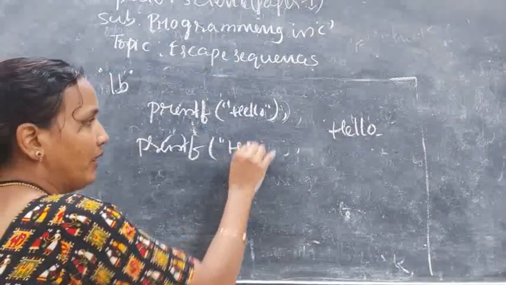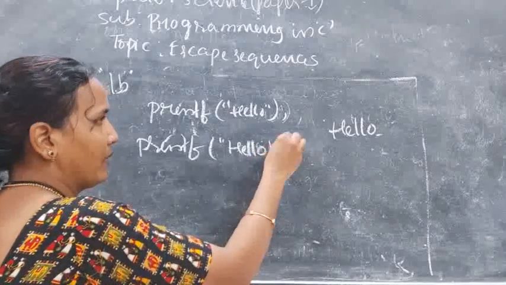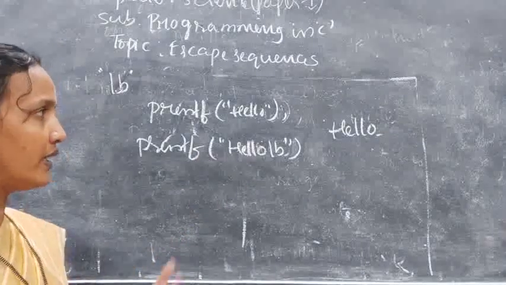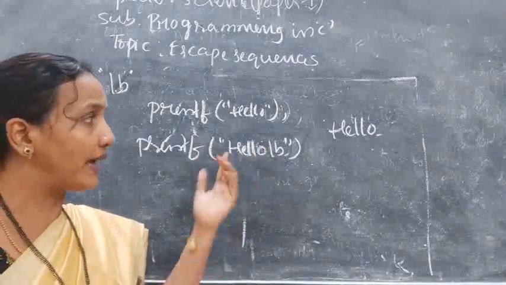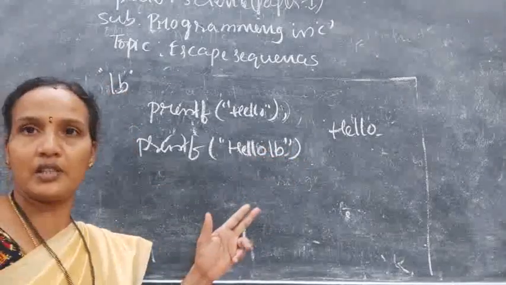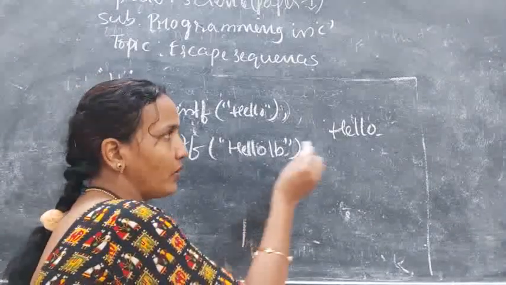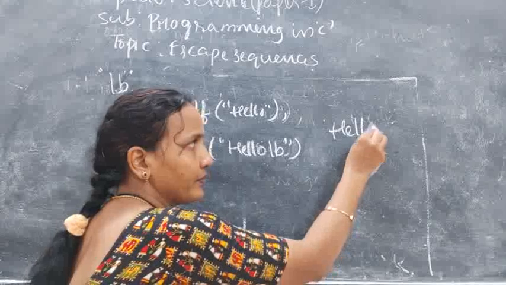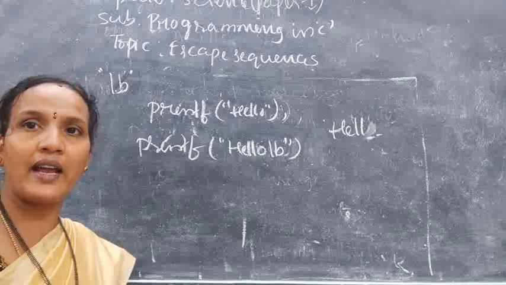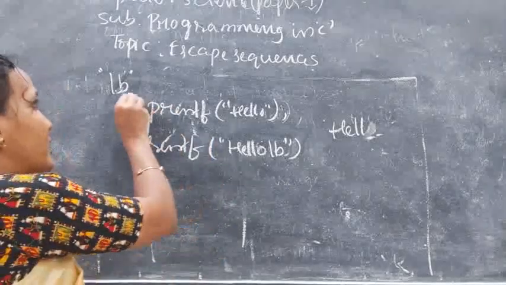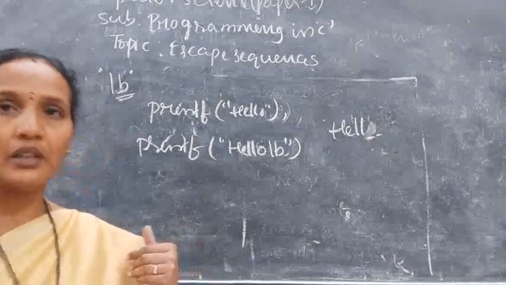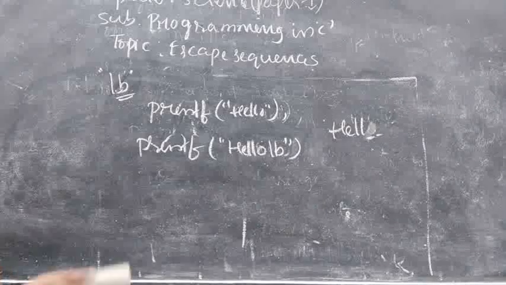If you give it before the string, there is no character, so you won't get any difference. That is why I am adding this backslash B escape sequence after the string. When you execute this, your cursor position will be here, which means it moves the cursor position one character back. That is called a backspace. Understood? This is one escape sequence. Now, take a screenshot of this and write it down.